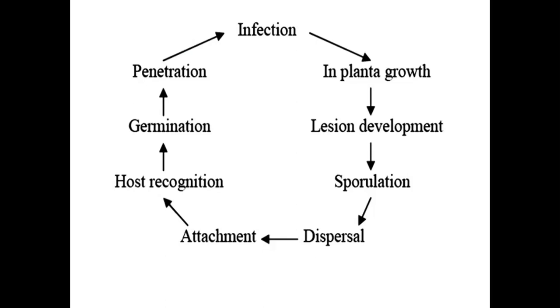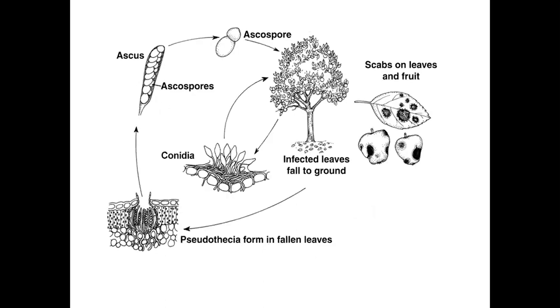So this is a kind of disease cycle, and you can see this is a diagrammatic cycle of apple scab, a disease which is caused by Venturia inaequalis.